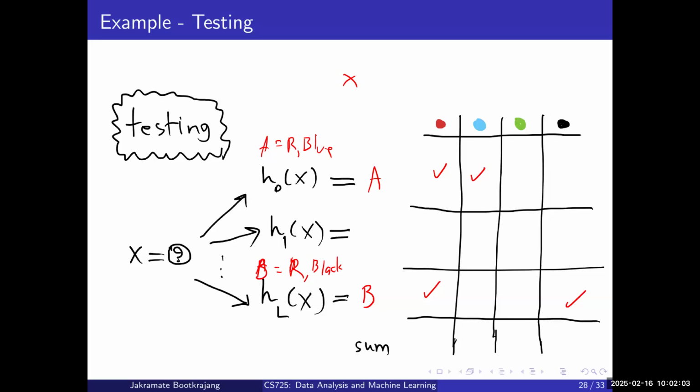And after all the classifiers vote, you can sum up the vote total. So you get 2 red, 1 blue, 0 green, and 1 black. And you will conclude that this new example X should be in the red group.